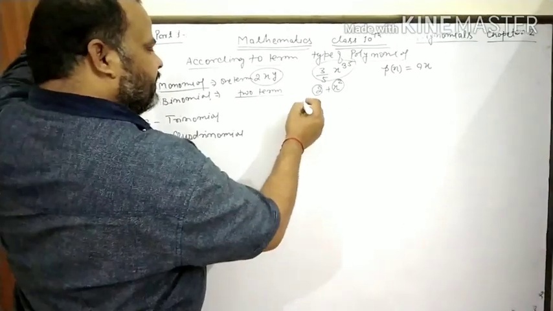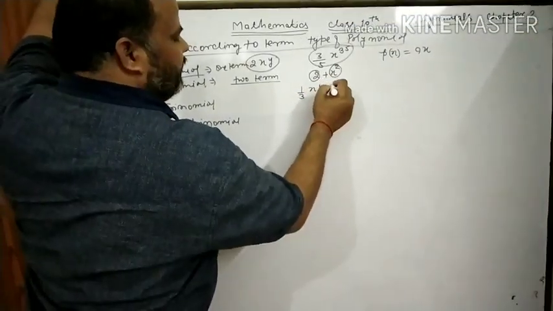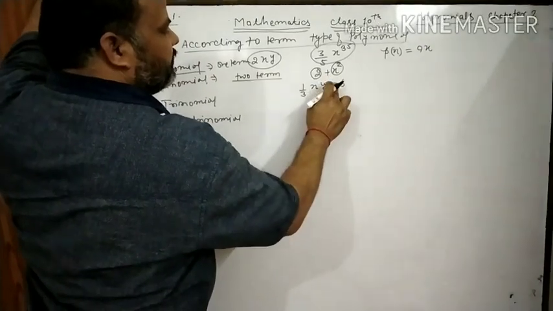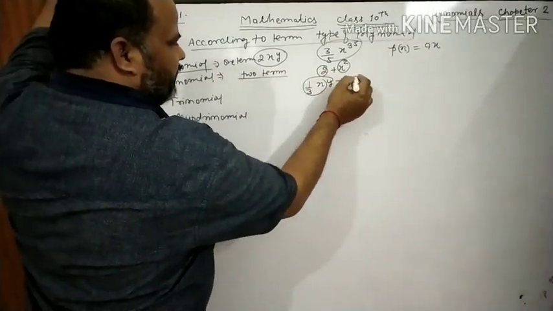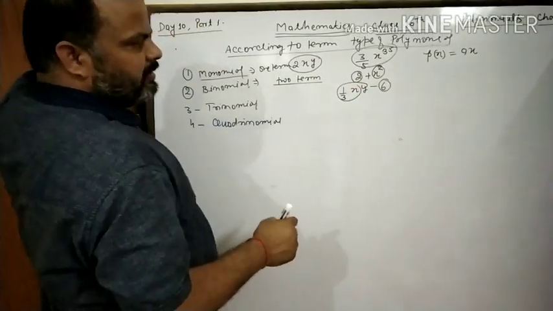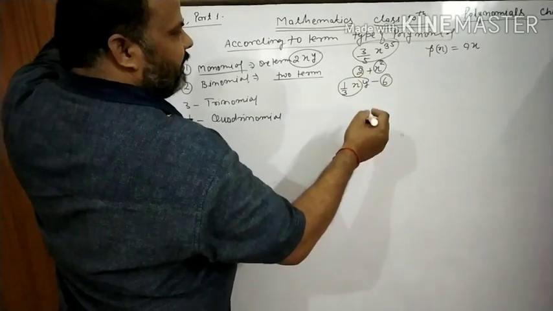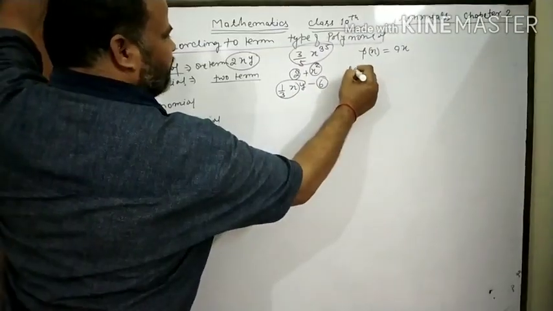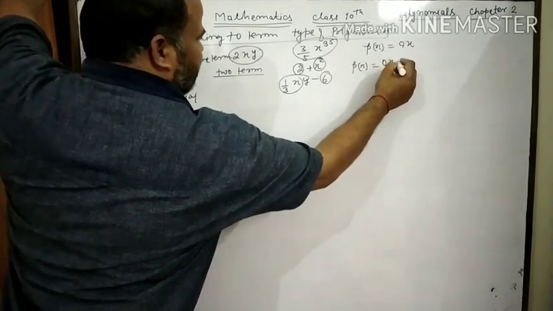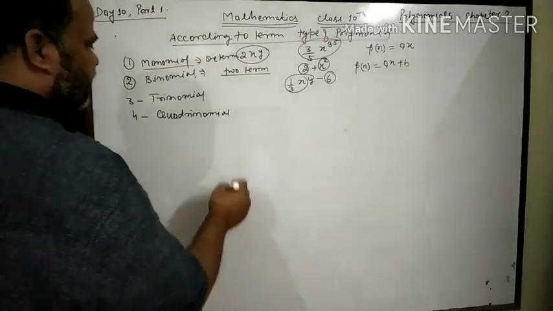In the same way, 1 upon 3 xy plus 6 has one term and another term, so it has two terms. Then it is called a binomial. And the standard form of the binomial is ax plus b.